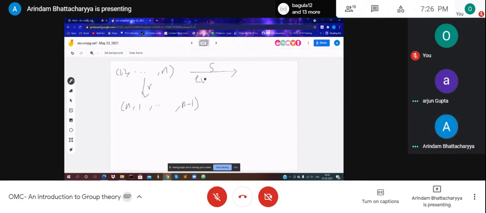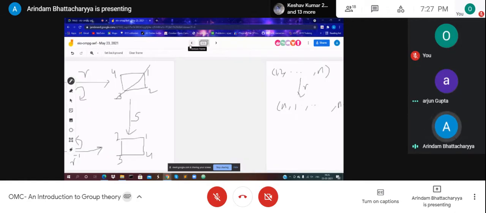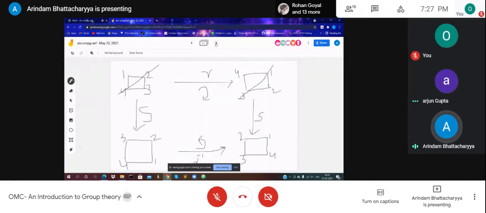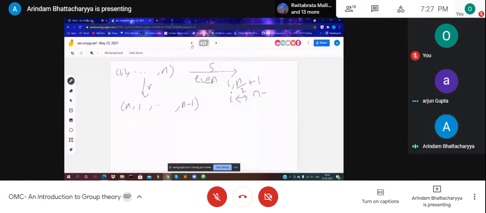If n is even, then one and n stay where they are, and i goes to, sorry, i and n minus i, something of that form. Yeah, I think n minus i.